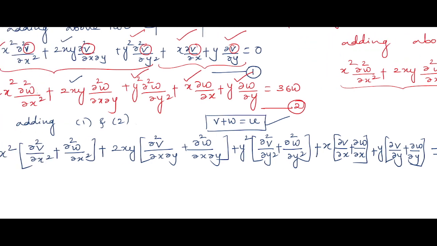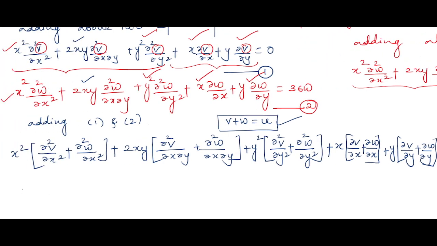Here, by the linearity property of differentiation, we can write this partial derivative together as ∂²/∂x² of v plus w. Again, when we split this, ∂²v/∂x² plus ∂²w/∂x².